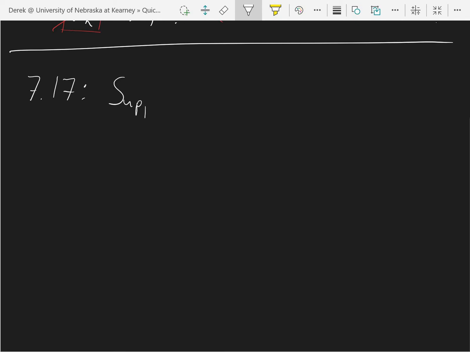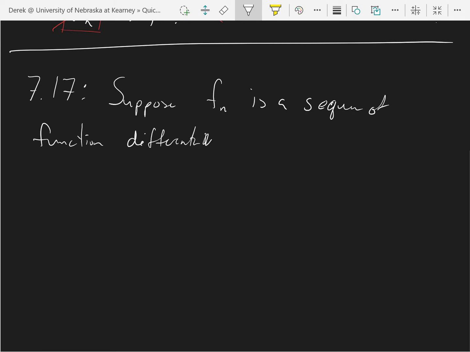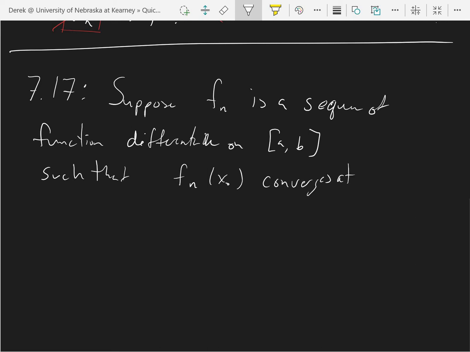Suppose f sub n is a sequence of functions that are differentiable on (a, b) such that f sub n of x naught converges at some point in (a, b).